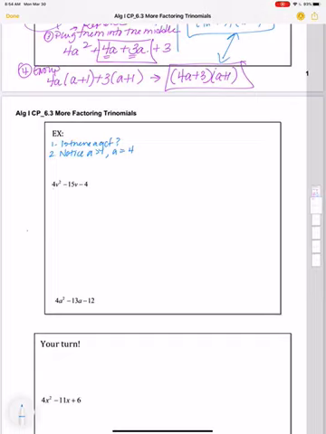So then I have to multiply a times c. So I do 4 times negative 4. I have to take into account that that's negative, so I get negative 16. So I'm going to find two numbers that multiply together to give me negative 16 and add together to give me negative 15.